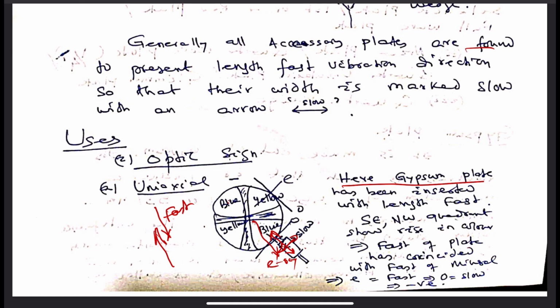So here there has been blue color, there has been rise, and the pushing direction of the accessory plate is fast. So the E ray direction must have to be fast. Then only there will be rise in color. So E is fast, O slow. That means it is uniaxial negative. This is negative.